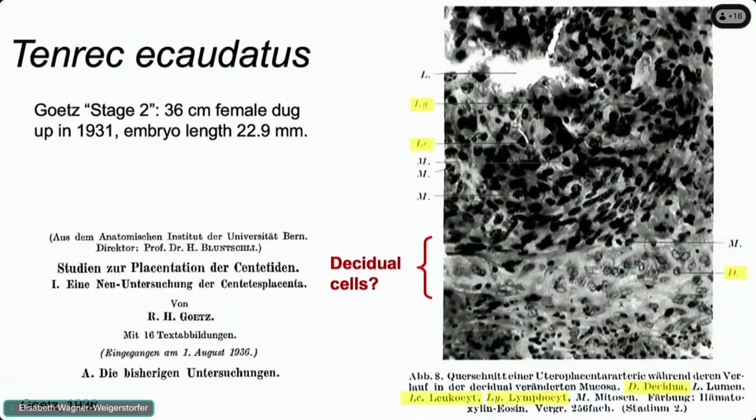Until our work was done, Daniel Stadtmauer initiated that, the only trace of the placenta of Tenrec ecaudatus was one paper from 1936 that was based on a specimen of a single animal that was dug up by a traveler in Madagascar and killed and fixed, and then went to Switzerland, and then Götz actually got this animal to work on. And the only thing we knew was this histological picture that they had identified as potential residual cells, only based on morphology.